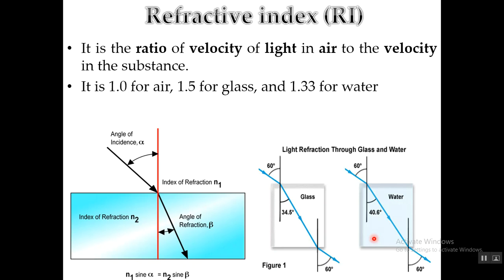Convex lens means converging lens. But if it comes from water to air, the water has a high refractive index and the air a low refractive index. It will be refracted away from the normal. Away from the normal means this interface will act as a concave lens.